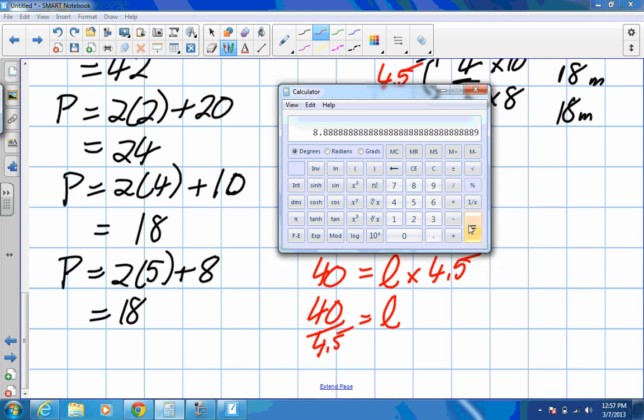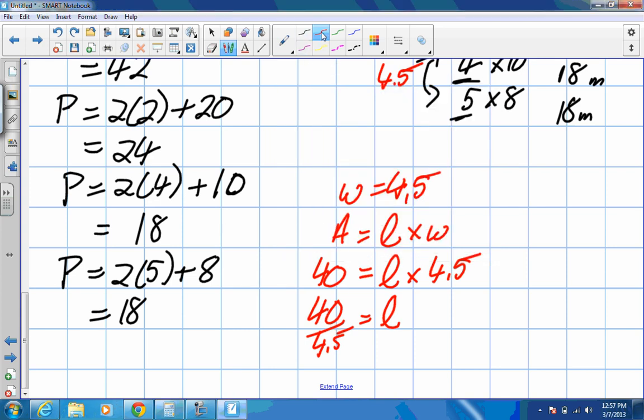8.8 repeated, it looks like. So a length of 8.8. Let's try putting that into perimeter. Perimeter was equal to 2 times 4.5 plus 8.8.